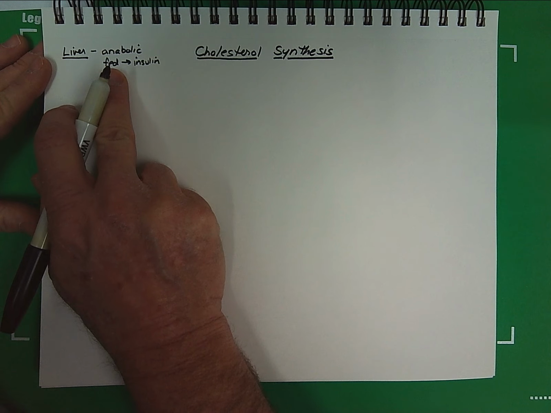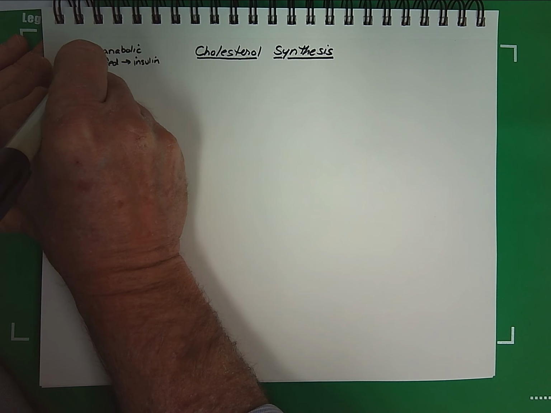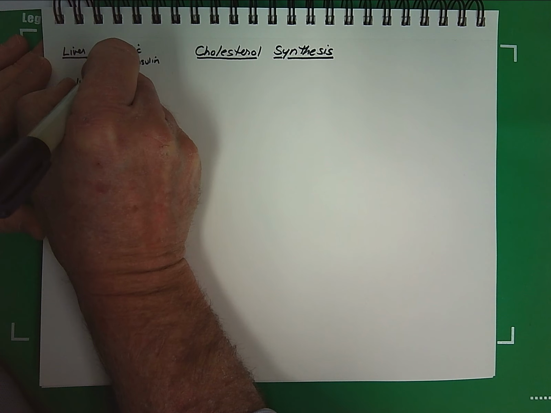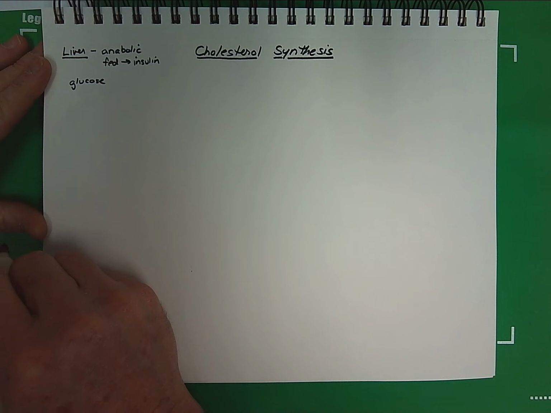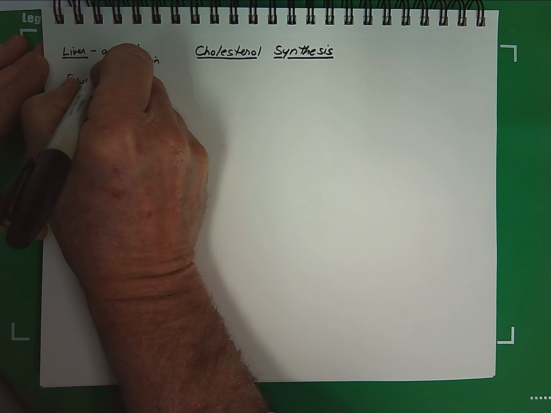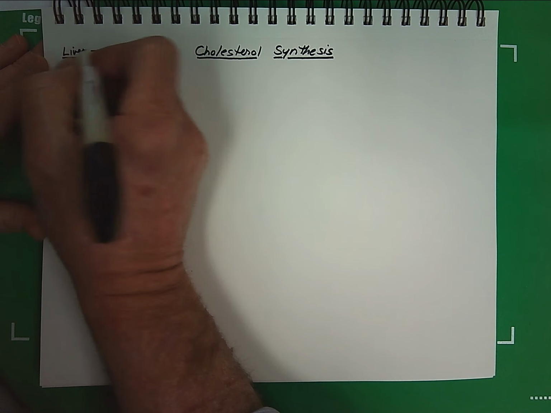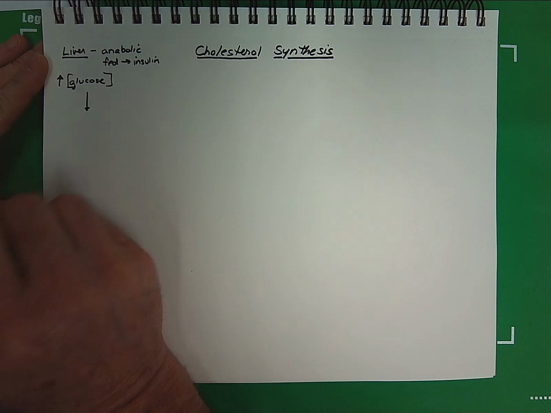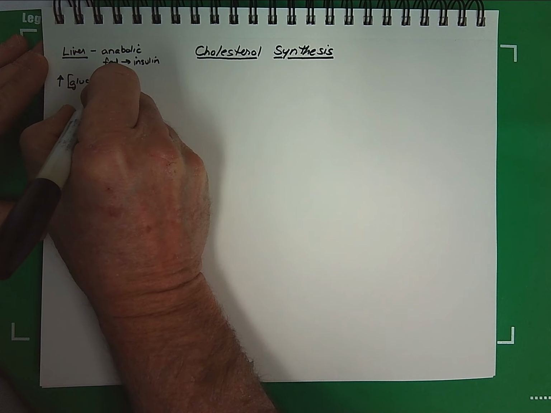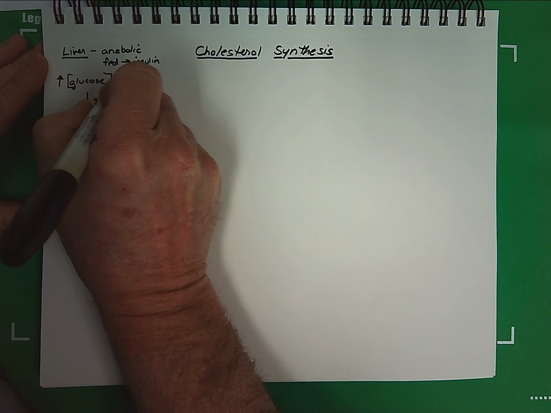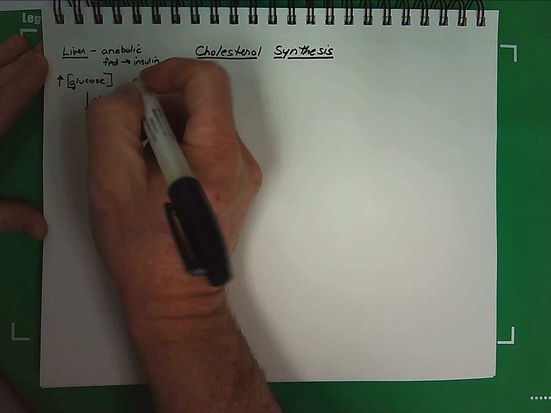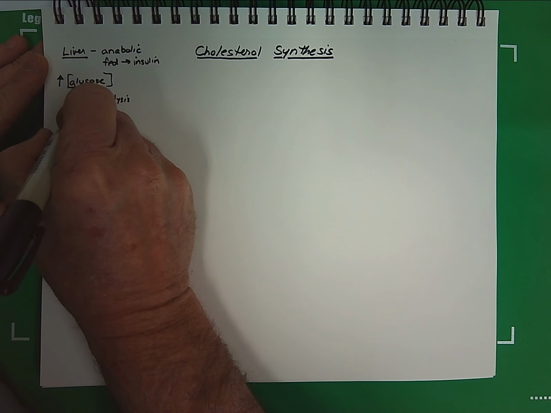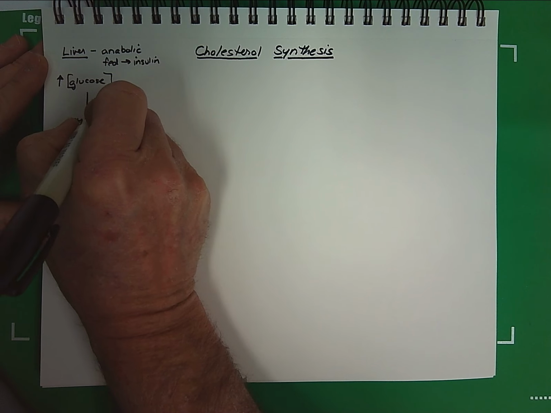So the original source of the material for cholesterol is going to come from glucose. The glucose concentration in the fed state is relatively high. This will enter the liver cell through the GLUT2 transporter, and it will be processed by glycolysis. Glycolysis, the endpoint, of course, is pyruvate.